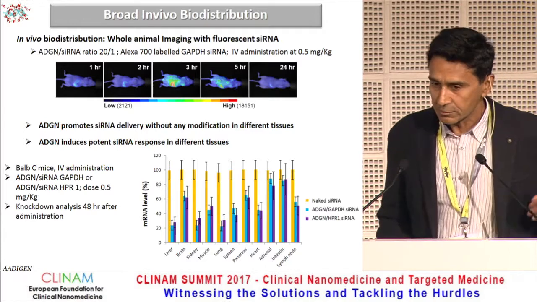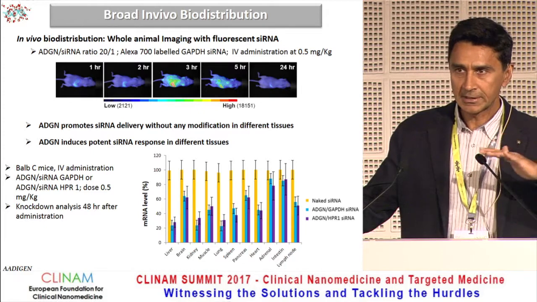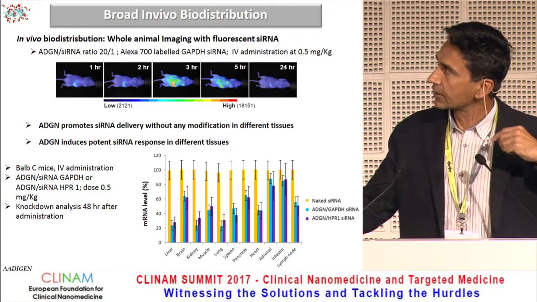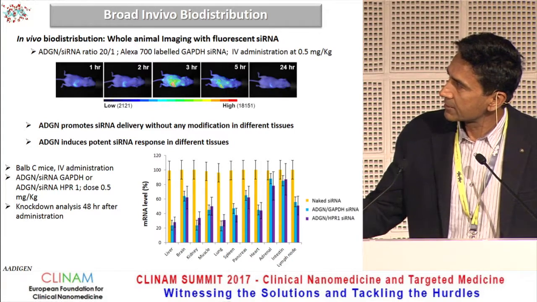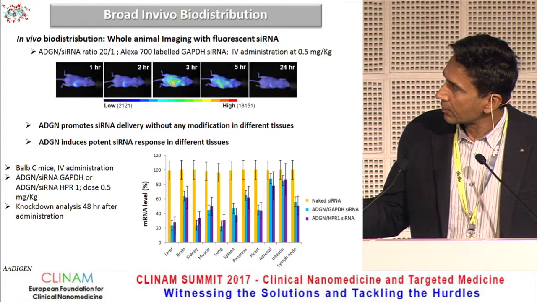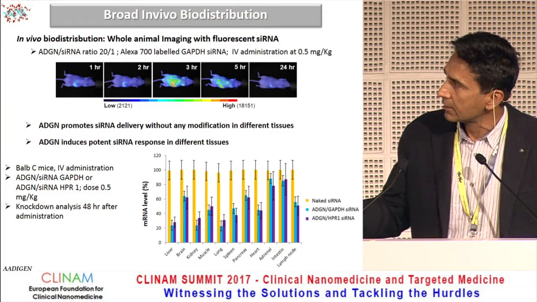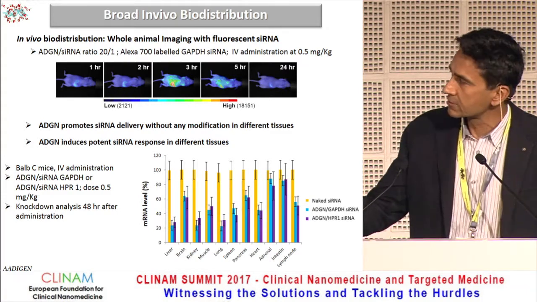What happens in vivo? Again, depending on the peptide, you will get a slightly different distribution. But this slide gives you an indication of a broad distribution, and depending on the peptide selected, you see knockdown in the different tissues. We used two different siRNAs, GAPDH and HPRT1, to look at knockdown across the different tissues after a single intravenous injection.